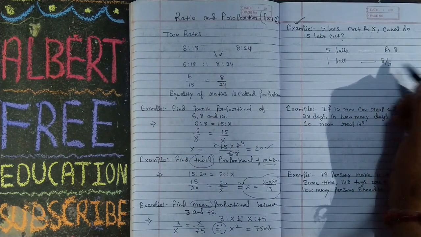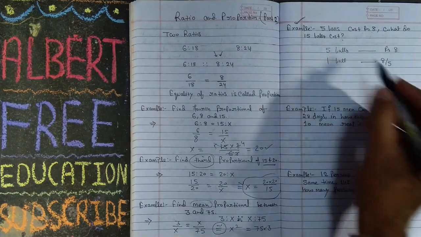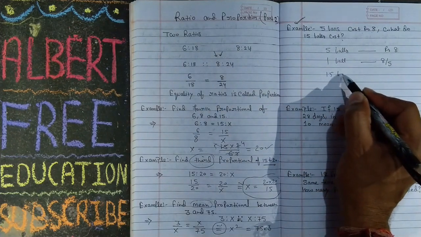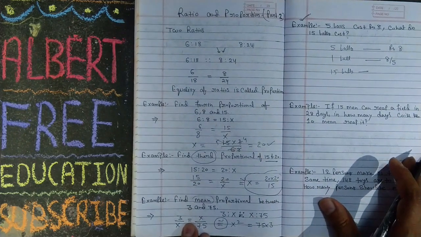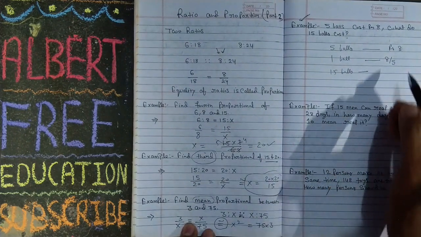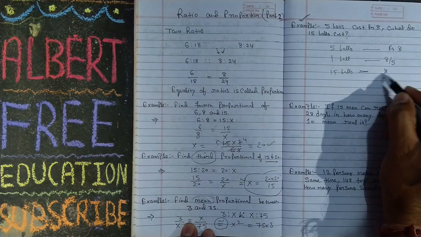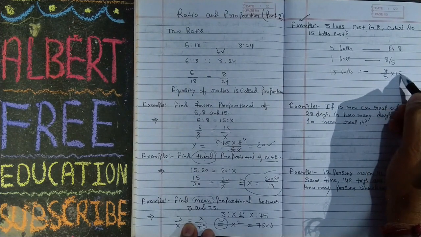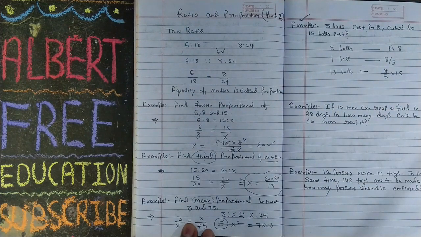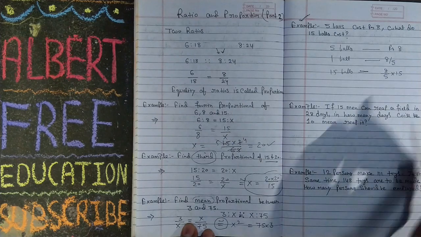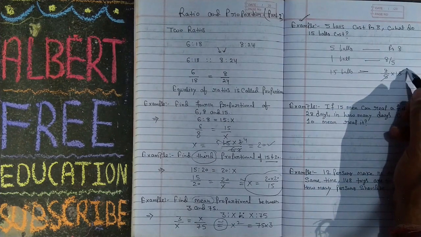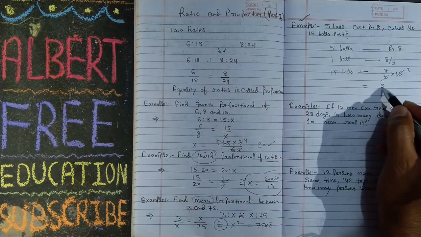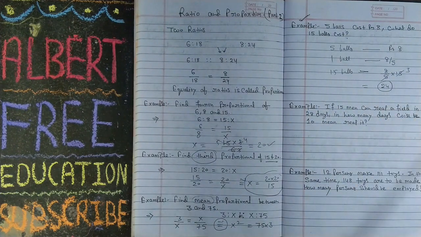Now he is asking about 15, so 15 balls cost is equal to 8 upon 5 into 15. In this condition, your answer will be 5 3s are 15, 8 3s are 24. Very simple.